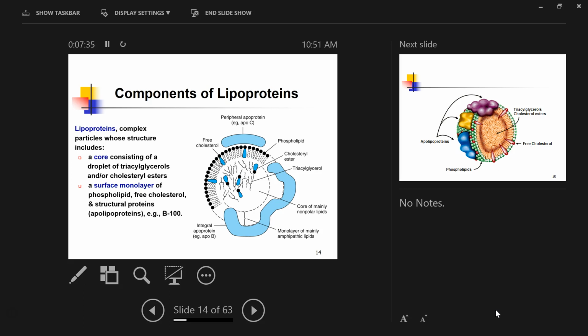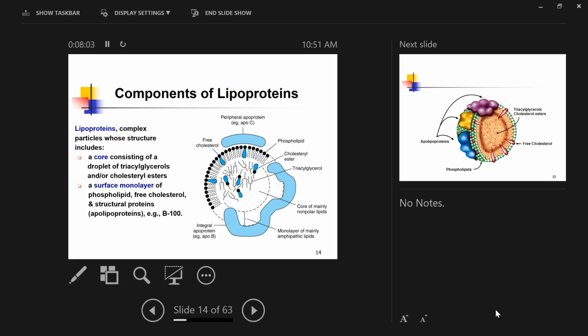And the surface of a lipoprotein is basically a monolayer of phospholipids, and also contains some free cholesterol on the surface of the lipoprotein. And inside there is the lipid core.